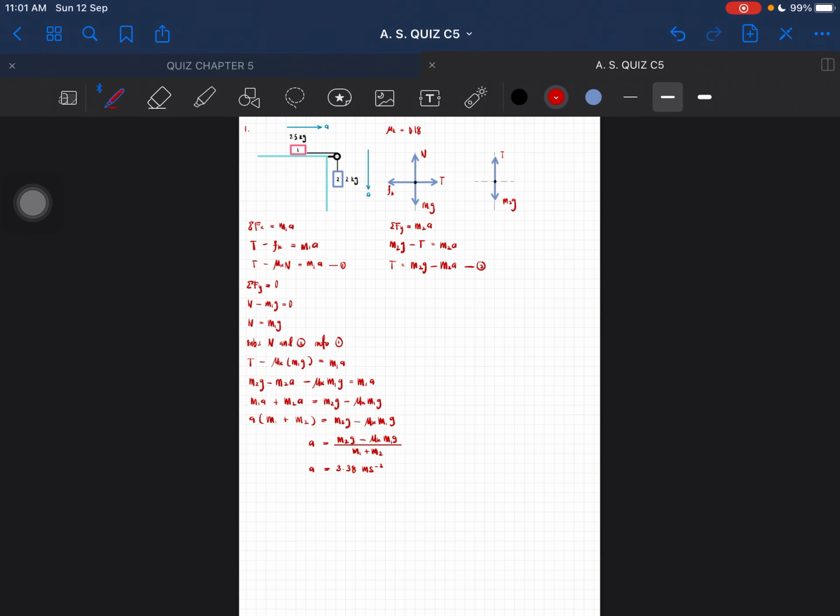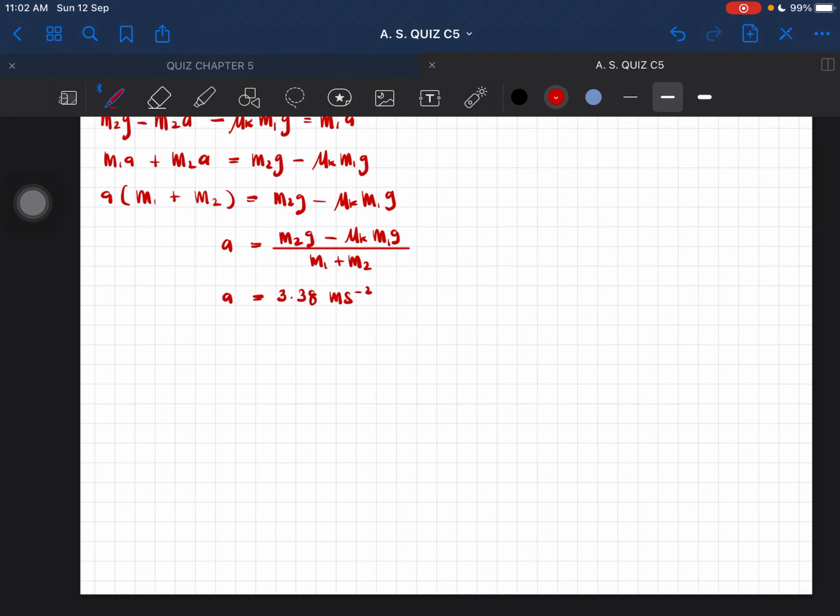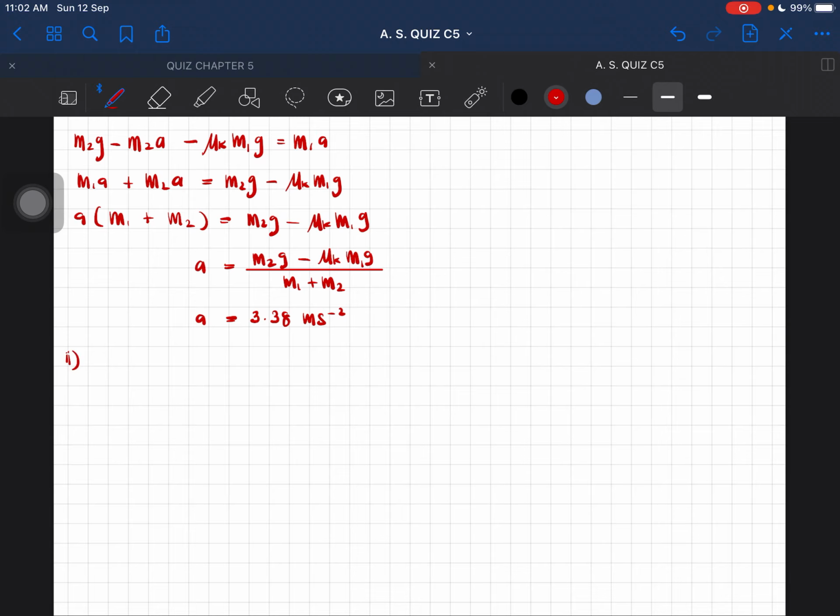That is your solution for question Roman 1. For Roman 2, it asks for the tension in the string. We can just use equation 2, which is T equal to m2g minus m2a. You should get the tension to be equal to 12.86 Newton.